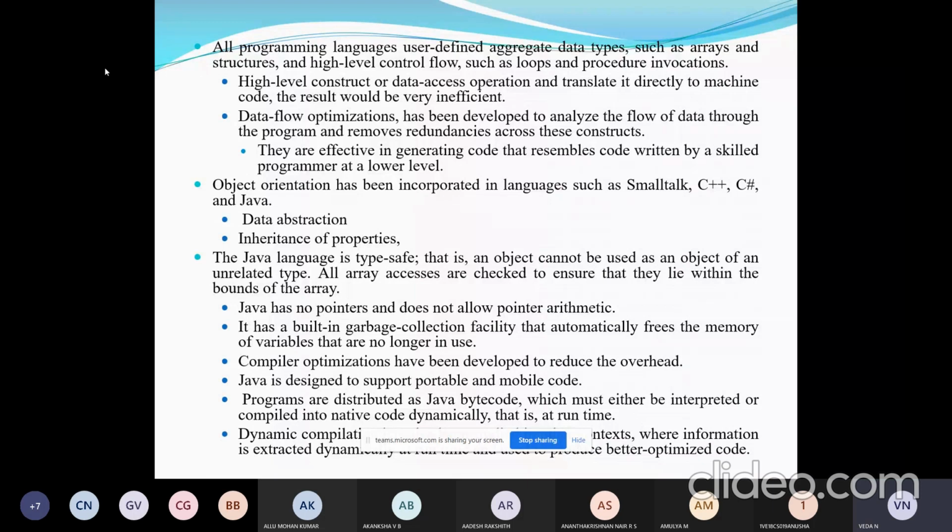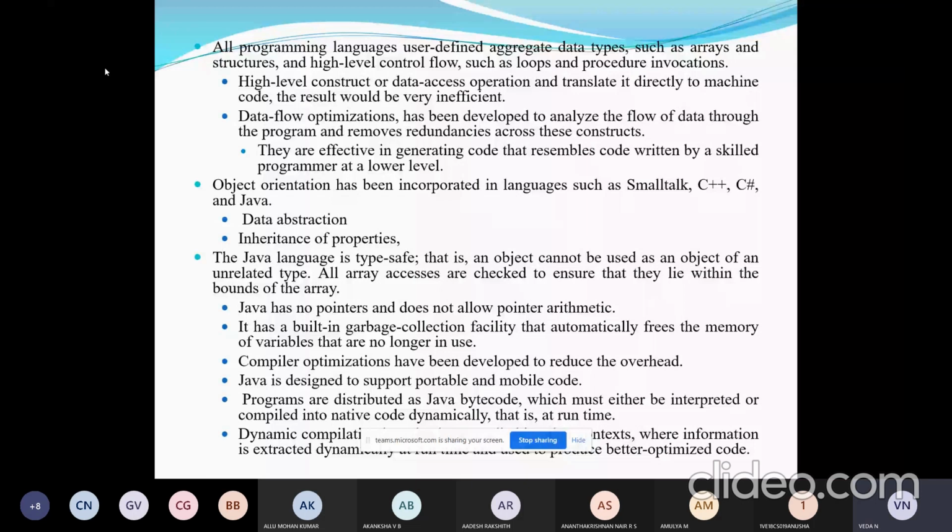So whenever loops or data structures or arrays are used, there comes data flow optimization. What does it do? It analyzes the flow of the data through the program and tries to remove all the redundancies across the constructs, so we can get effective code whenever aggregate data types are used.